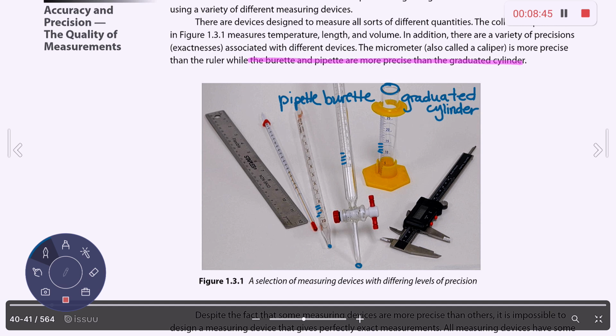Also, they talk about how this would be like a meter stick or a ruler. And then I've got a caliper over here. The caliper has much smaller divisions on it, so that makes it more precise than the ruler for determining length measurement.